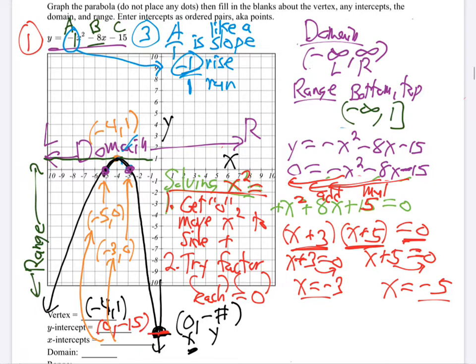And then the last thing they want is the equation of the axis of symmetry. So that's the line that goes right down through the middle. This line right here. You can see where that hits the axis.